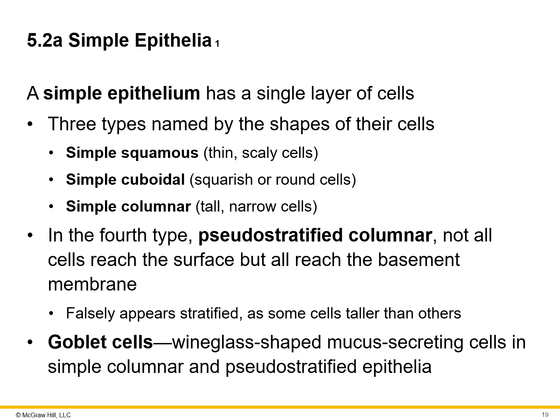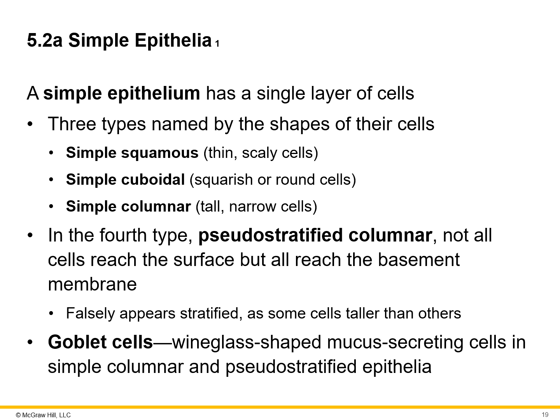The simple cuboidal is going to be more of a roundish shaped cell, and it's going to be equally as tall as it is wide, where the columnar cells are going to be these really tall and narrow cells, right? They're going to be taller than they are wide, just like a column. And then there is what's called transitional epithelium, and we have pseudostratified columnar epithelium.